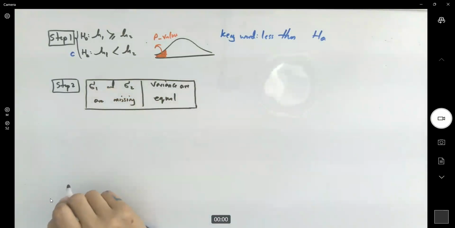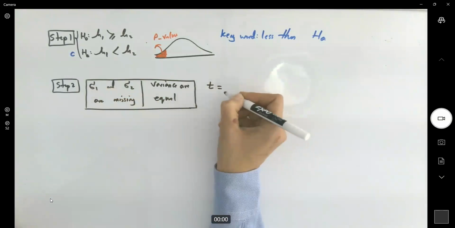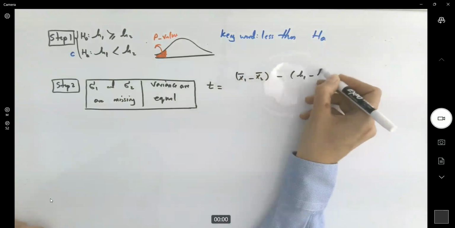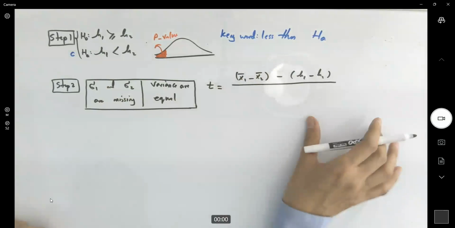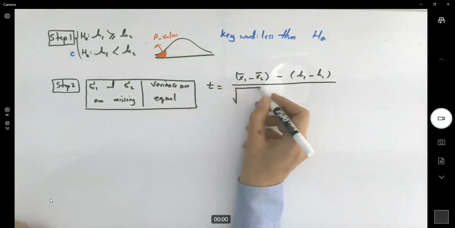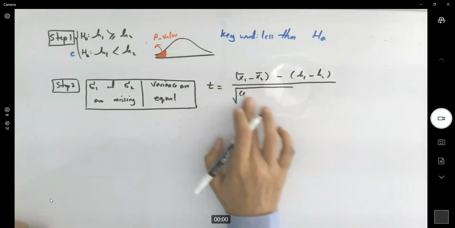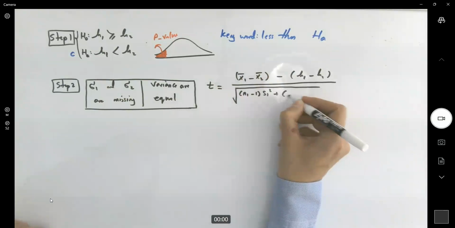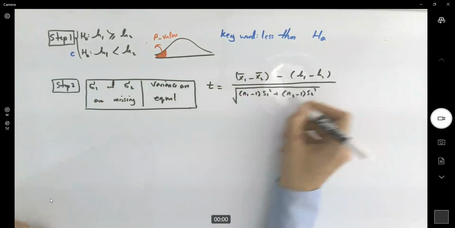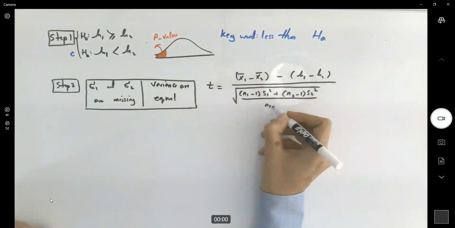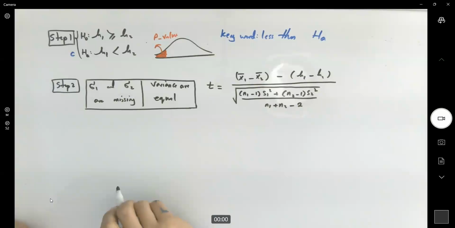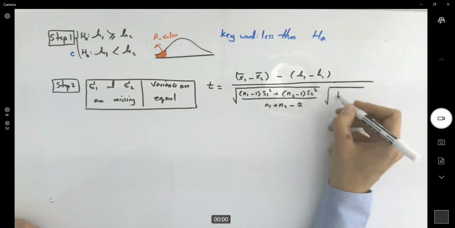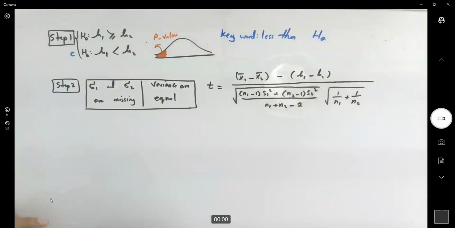So our t, the standardized test statistic, is equal to x1 bar minus x2 bar minus mu1 minus mu2, divided by the multiplication of two radicals. The first radical: n1 minus 1 times s1 squared plus n2 minus 1 times s2 squared, divided by n1 plus n2 minus 2, multiplied by the second radical, which is 1 over n1 plus 1 over n2.